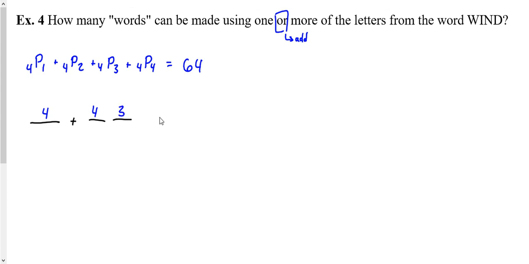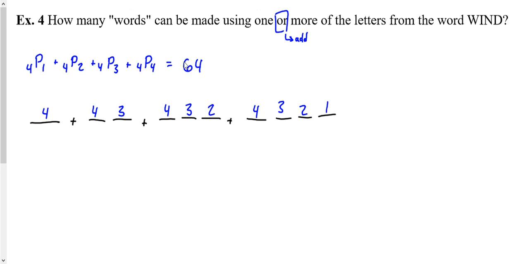Well, that's going to be 4 options for that first letter, 3 options for the second because you couldn't have that same letter again. Plus 3 letters this time. So that's going to be 4 times 3 times 2. And of course, we're going to add on that last one if we used all 4 letters. So that's going to be 4, 3, 2, 1.